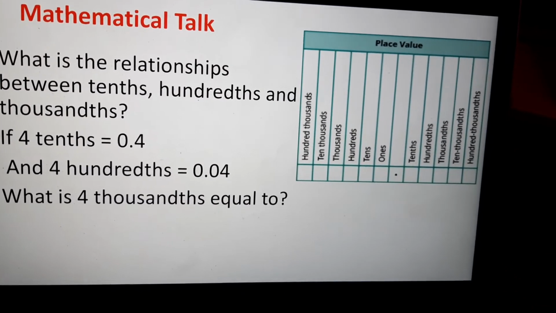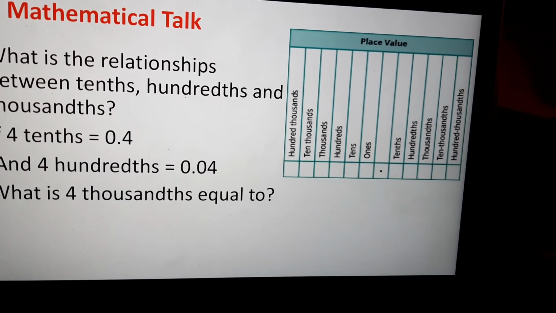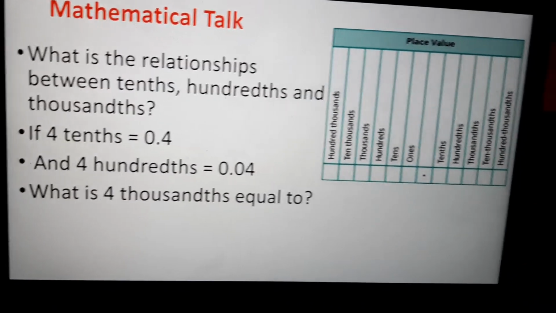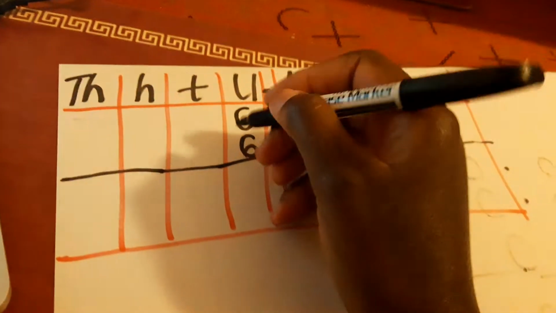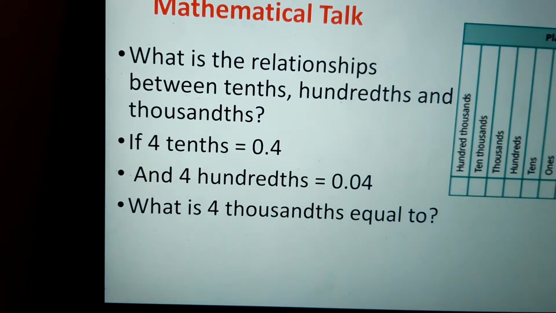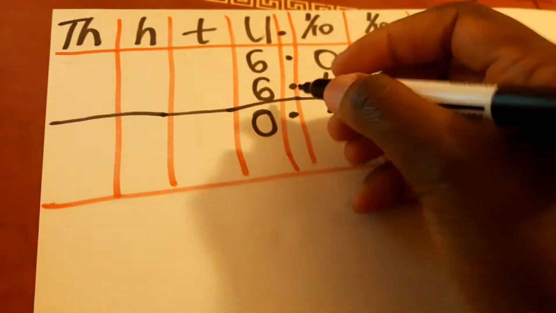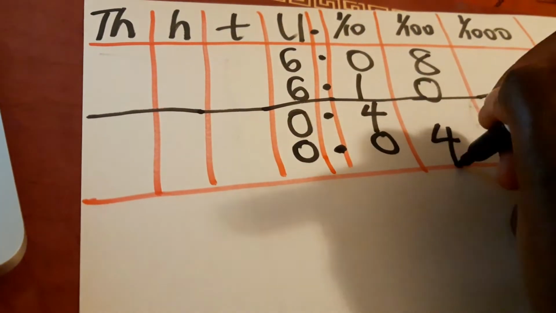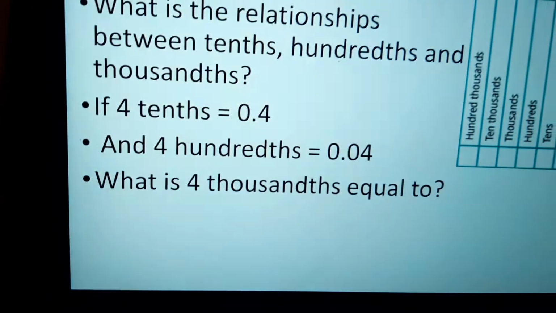So again, you get your place value grid to help you with this one. So we'll look at the first one, 0.4. So I write in 0.4. Next one, 0.04.